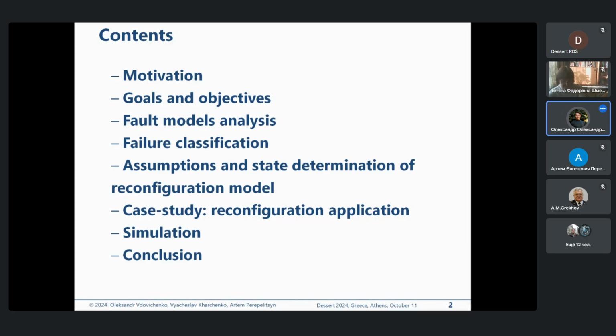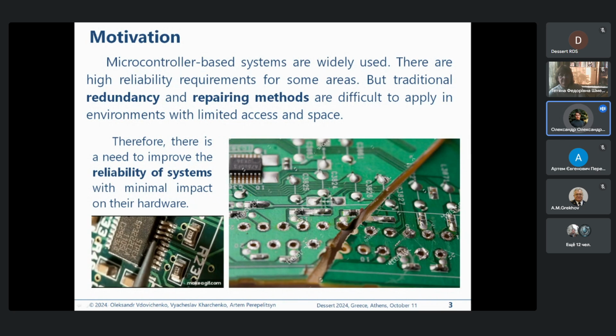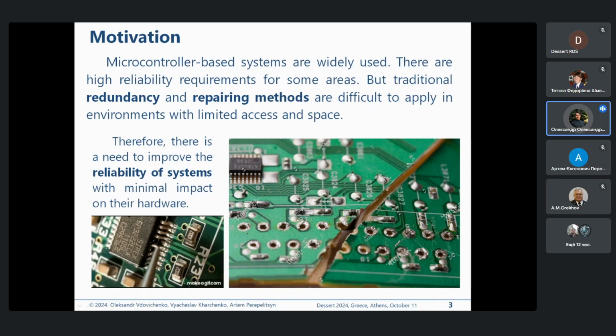So let's start. In the modern world, digital computing systems became closely related with a significant part of human activity, including space, deep dive areas, dangerous polluted zones, and so on. For such areas, embedded and real-time systems with high reliability requirements are necessary.